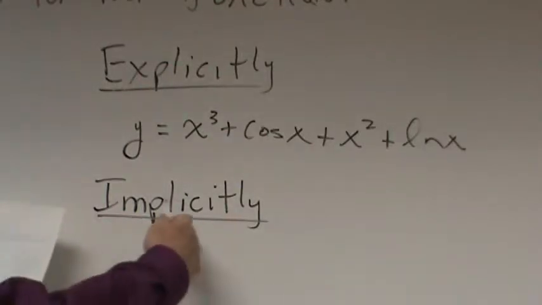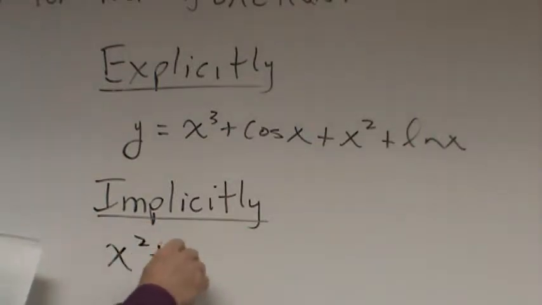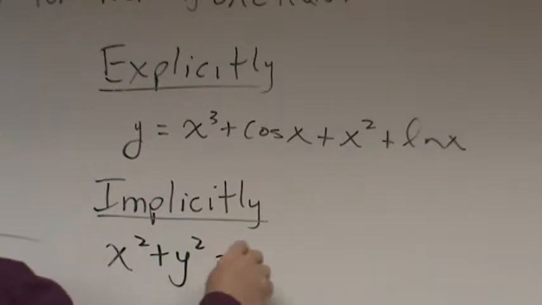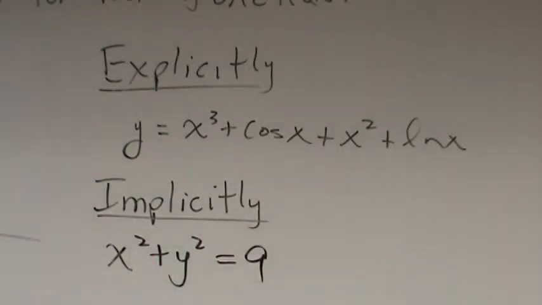So some examples of implicit form would be even something as simple as this, where I haven't solved for y. And if I did solve for y, I would end up with a plus or minus on one side, which means my one equation would turn into two separate and distinct equations.